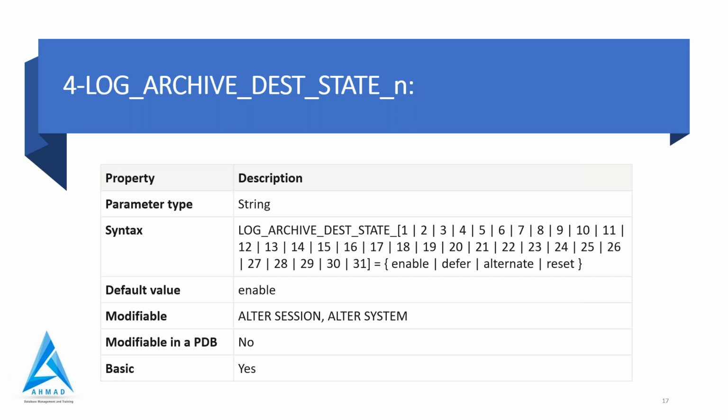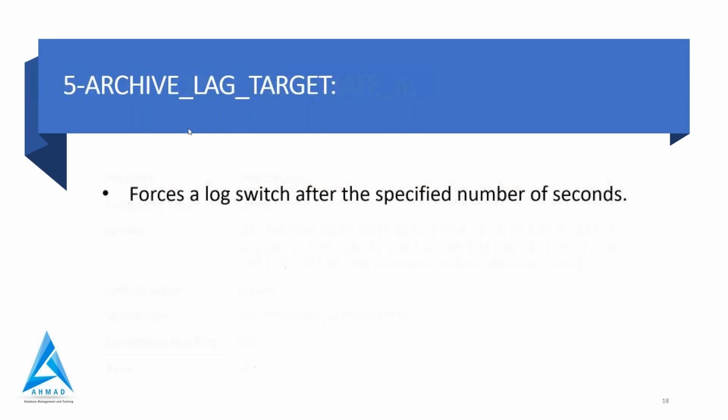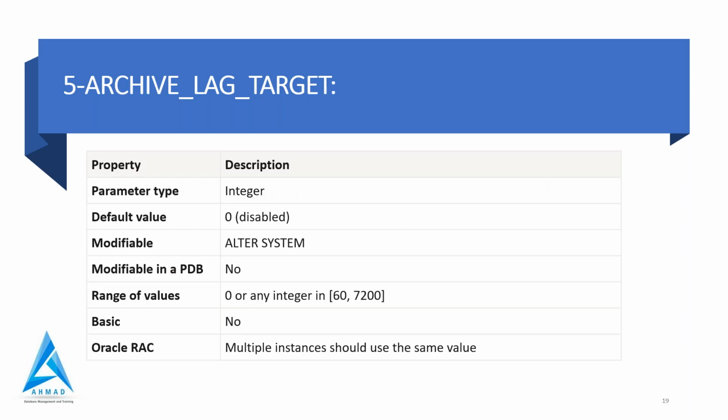PDB modifiable, no. And the fifth parameter is log archive lag target. Basically, it forces a log switch after the specified number of seconds. The default value is 0, meaning disabled, or you can have 0 or any integer between 60 and 7200, and multiple instances in RAC should use the same values.